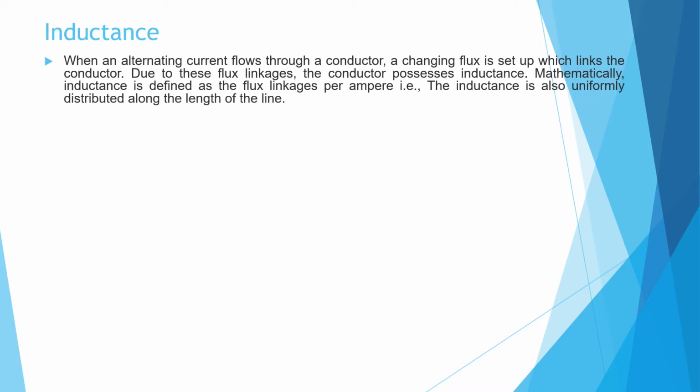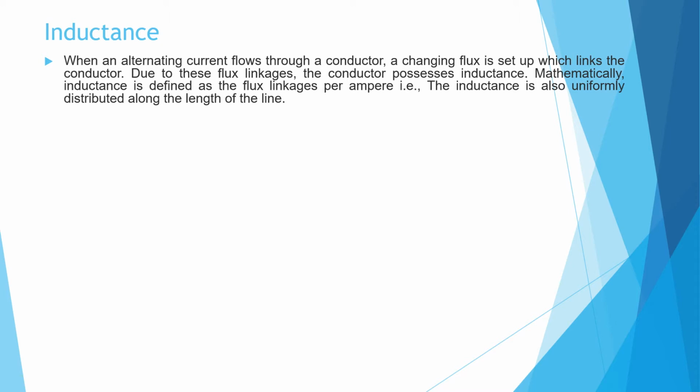Now we'll see how the inductance is present in the transmission line. Here we can say that every current carrying conductor produces flux around it. The flux is linked with the current carried by the conductor.